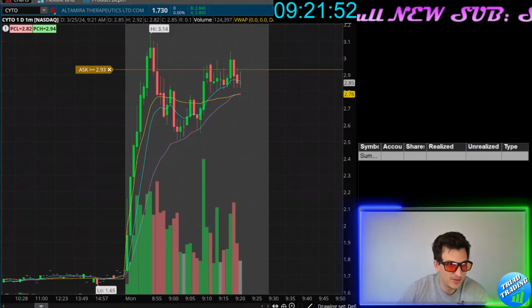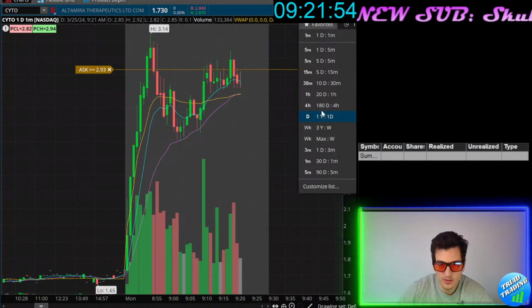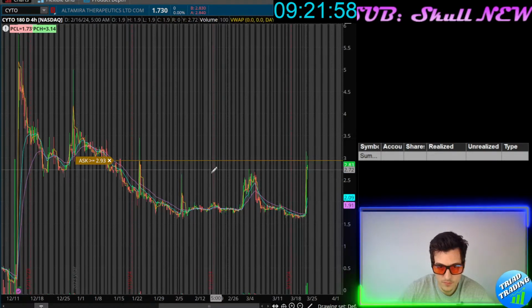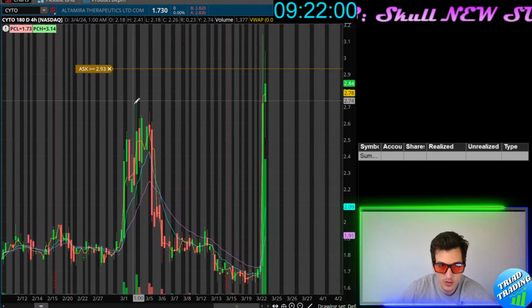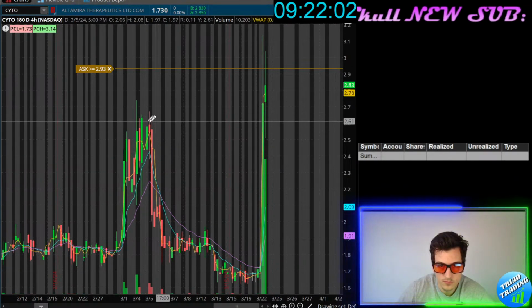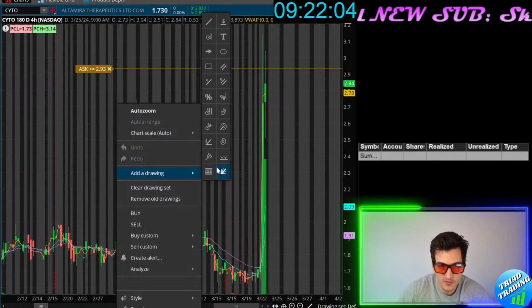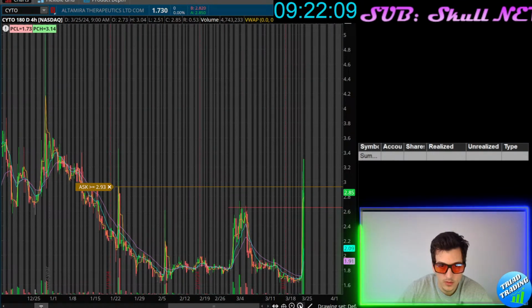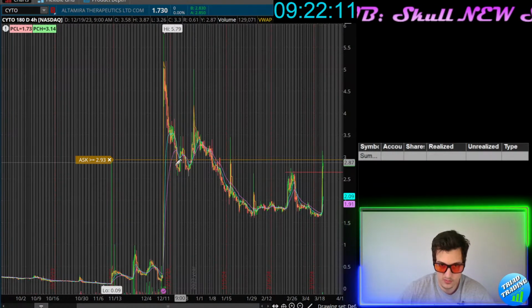But anyway, CYTO, we can take a look at the daily. Kind of like the daily, we're over this pivot. As long as we can hold this pivot would be good. I'm going to put a support line in here. If we break back below, that would be a sign that we're pretty weak.